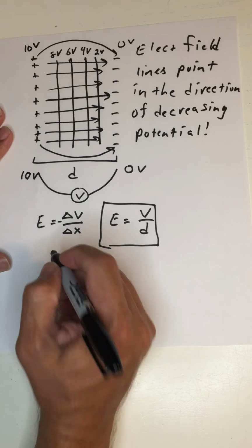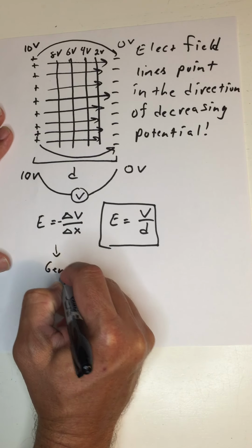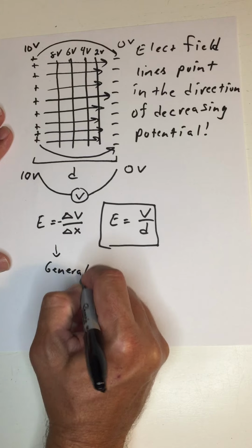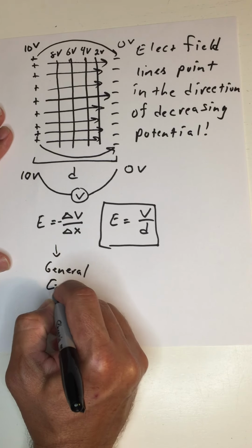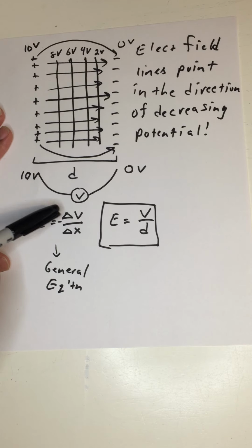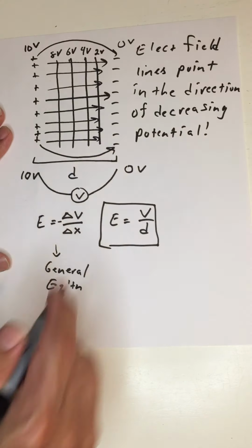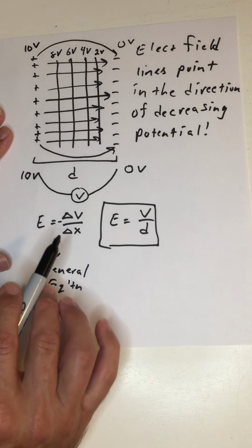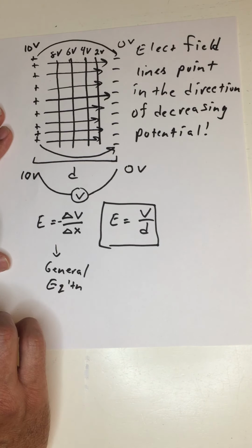But this is a general equation. That is to say, if I can figure out in any system how the potential is changing as a function of space, as I move through space, how that potential changes, then I can determine the electric field.